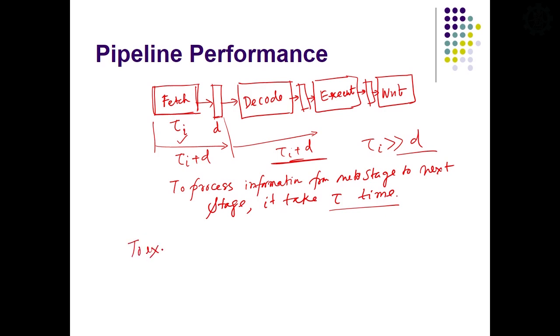To execute n instructions, let us say the time is t n, and k is the number of stages. Instead of considering the 4 stages, we consider that there are k stages.